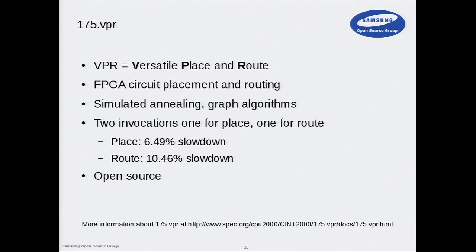And in SPEC, we actually have two invocations of VPR. There's one invocation for the placement and the second one for the routing. And we see the higher slowdown in the routing. So that's what we want to focus on. And another thing, VPR is open source.